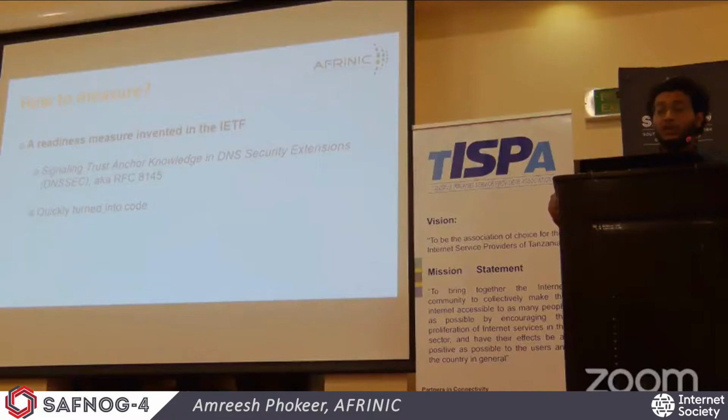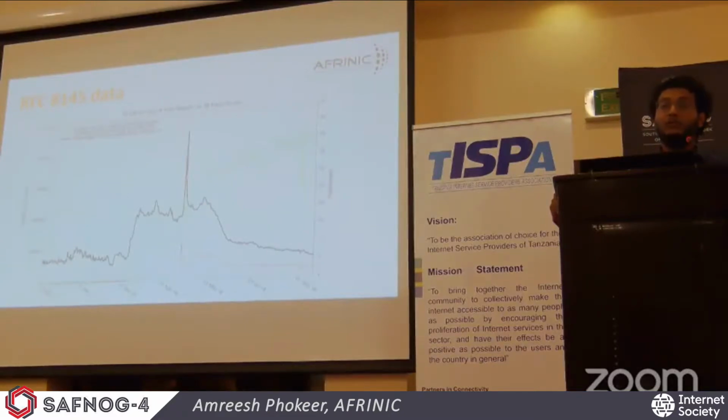That was quickly turned into code and implemented, but at a later stage. So basically, we started to receive information from those that have implemented RFC 8145 at a much later stage.